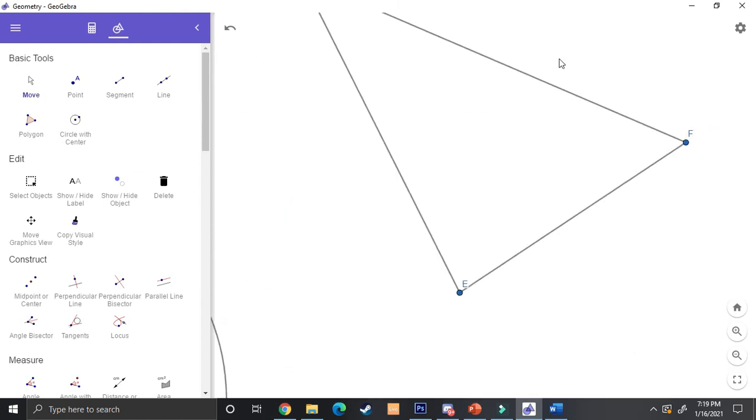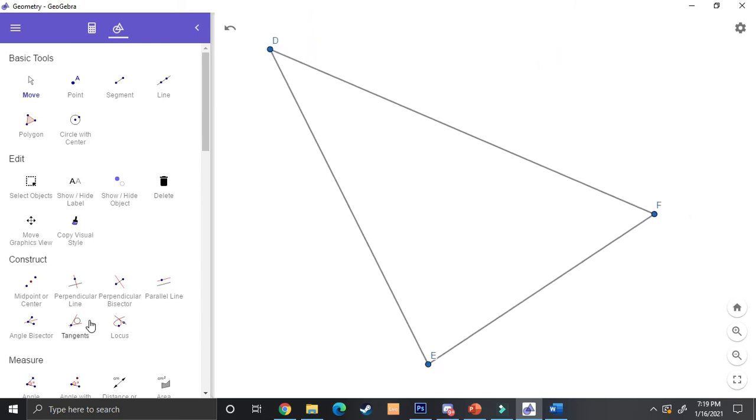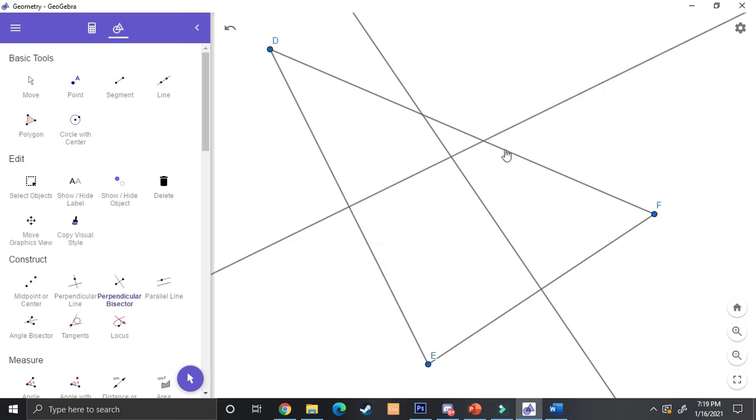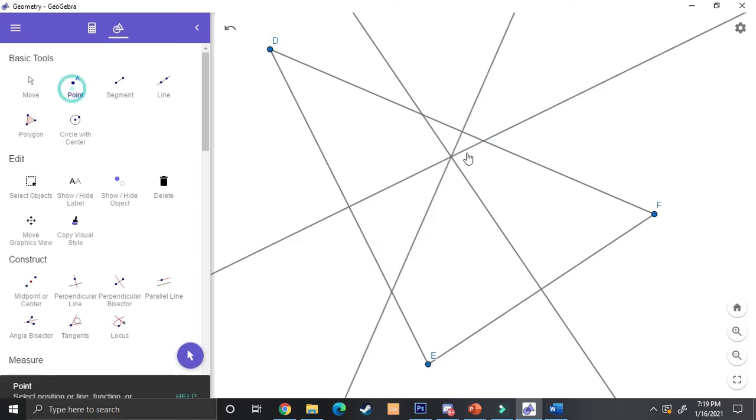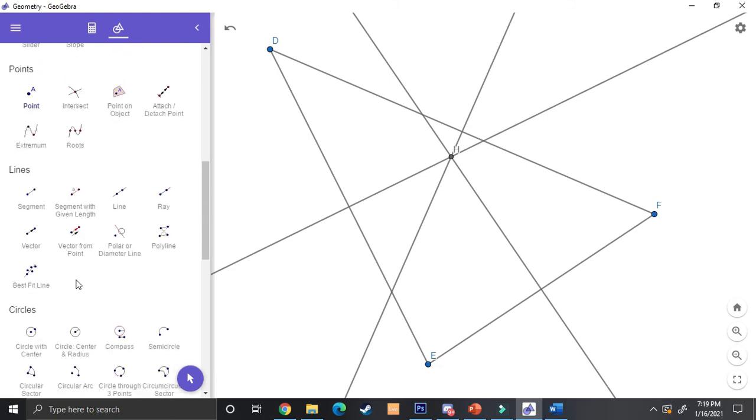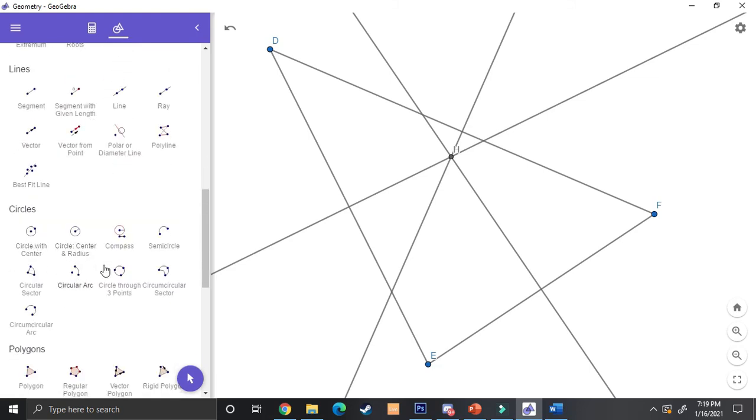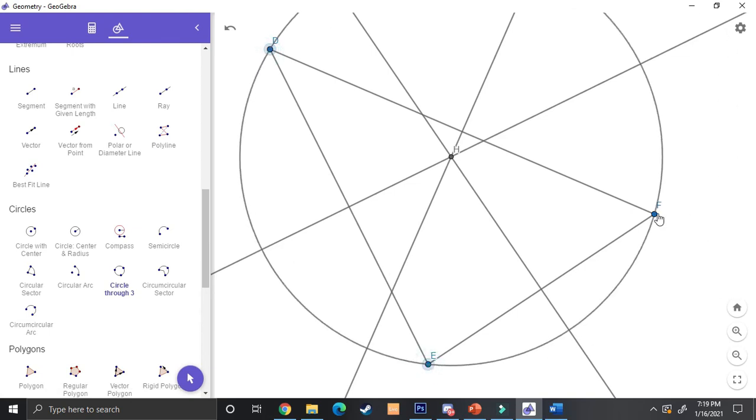Now let us try this on the acute triangle. Perpendicular bisector here, here, and here. And they connect at point H. So H is now inside the triangle. Then we connect all the vertices through a circle, and H is now the circumcenter of this circumcircle.